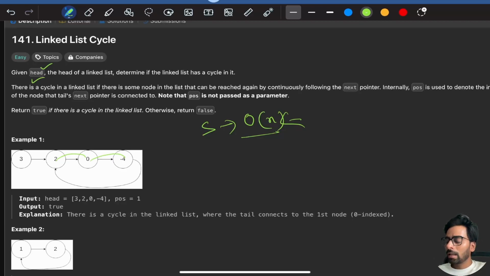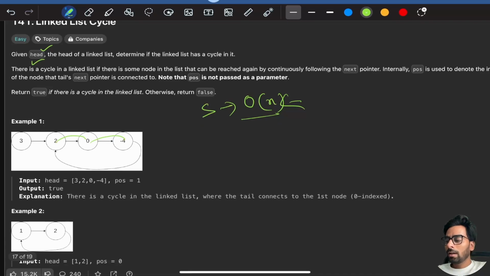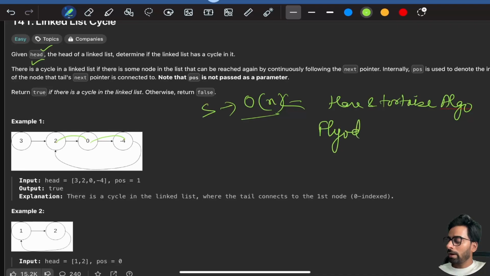So there is another approach which is very popular, which we call the hare and tortoise algorithm. It is also known as Floyd's hare and tortoise algorithm, I believe. So what does it say?